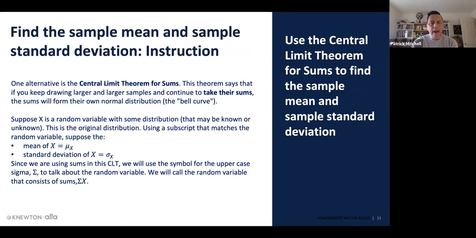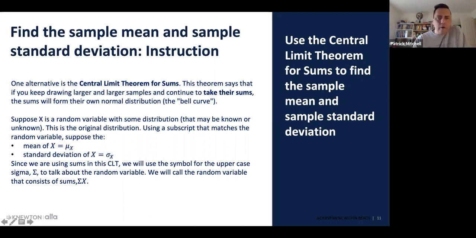Okay, so here is a slightly different form of the central limit theorem, called the central limit theorem for sums. This theorem says that if you keep drawing larger and larger samples and continue to take their sums instead of taking their means, the sums will also form a normal distribution. Suppose X is a random variable with some distribution that may be known or unknown, normal or not normal.